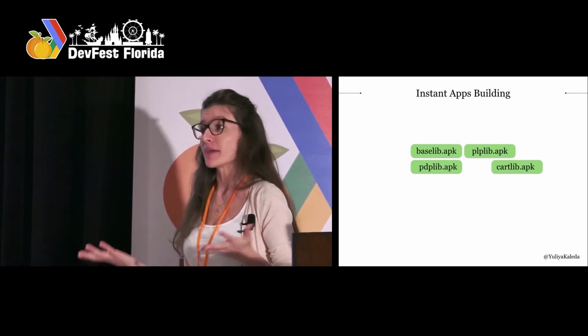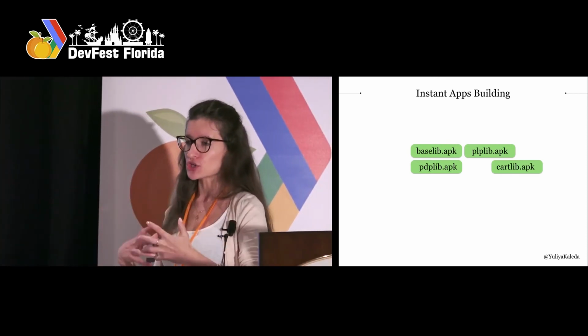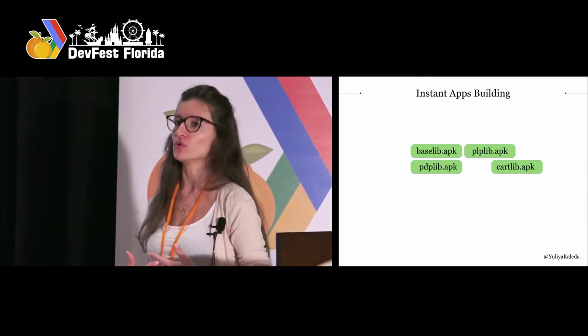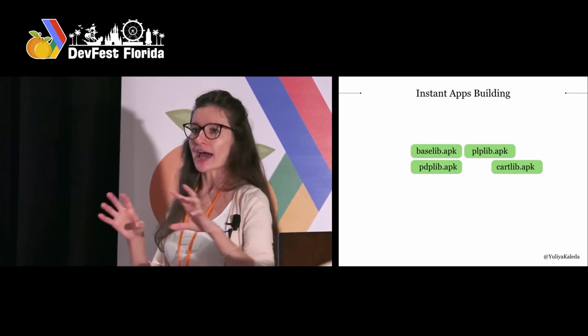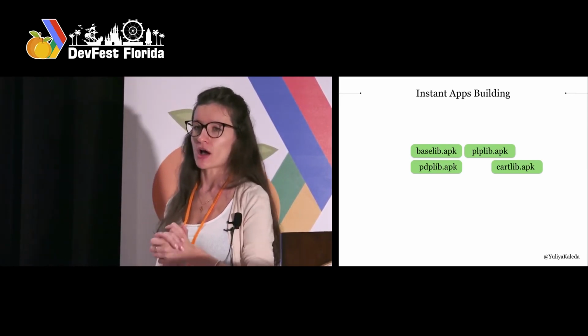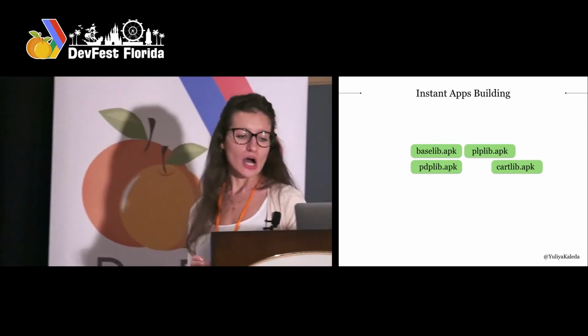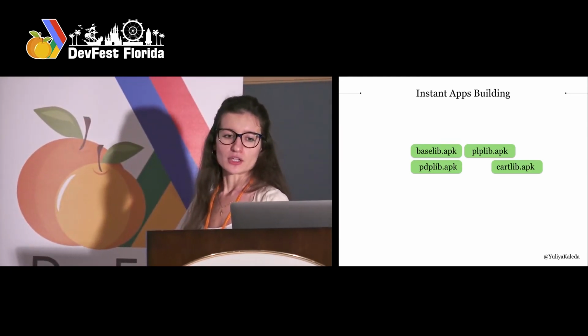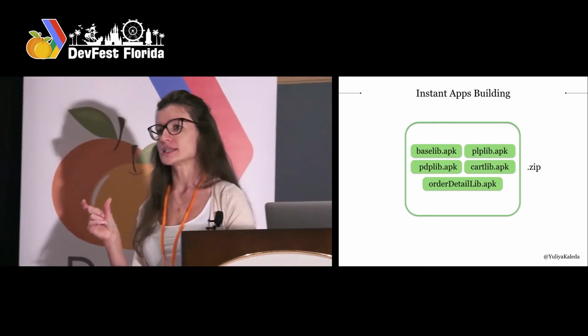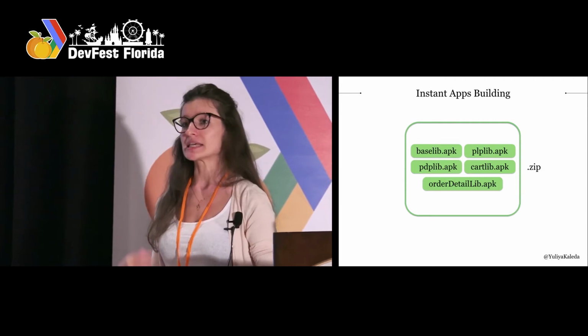And if you think about it, that makes sense, right? Because not all the features are downloaded on the device. It's a specific feature that is being pulled to the device. So it makes sense to package them separately into separate APKs that will be pulled later onto the device. And then all of them are zipped up into a zip bundle, which is the final output that you will get when building Instant Apps.